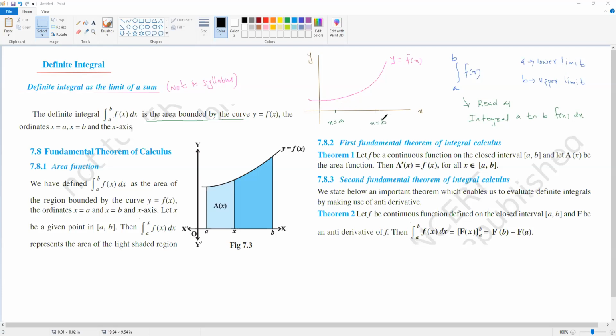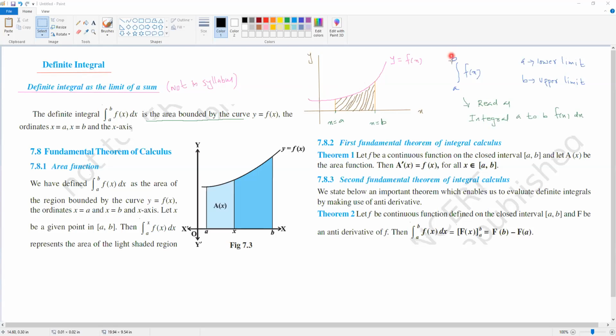Then from a to b आपको ये फंक्शन को इंटीग्रेट करना, मतलब x is equal to a, x is equal to b and that function. सो इसका जो नीचे इतना एरिया, area under the curve from x is equal to a to x is equal to b. That is the meaning of definite integral.